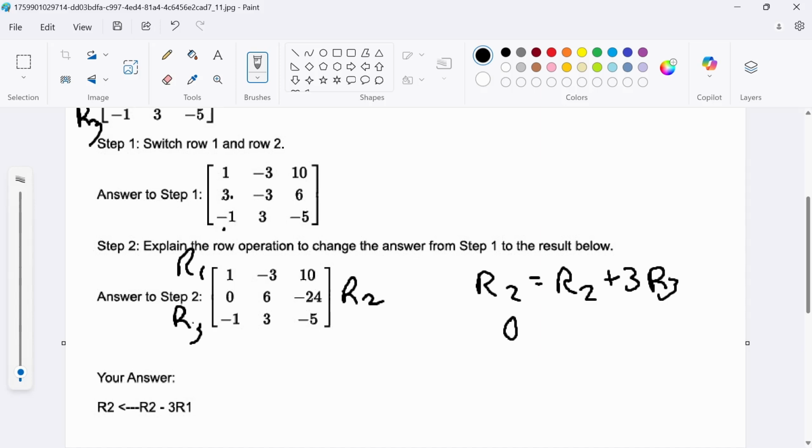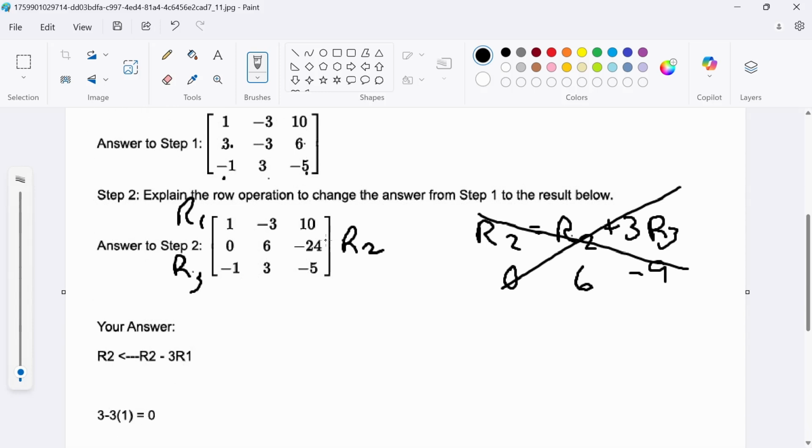I'm trying to get 0, 6, negative 24. Negative 3 plus 3 times 3 is 6. And then for negative 24, I'm doing row 2 plus 3 row 3: 6 plus 3 times negative 5 is negative 15, and negative 15 plus 6 is negative 9, and I need negative 24. That didn't work. So let's try something else.